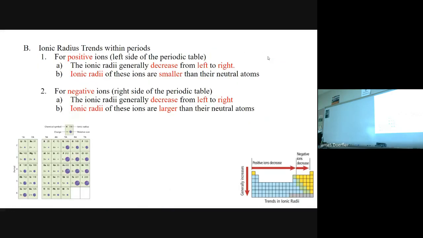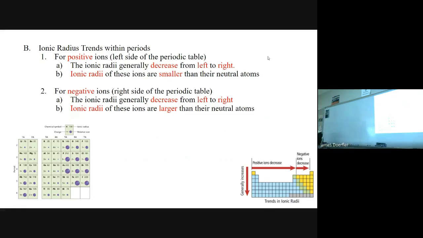So let's talk about trends both horizontally and vertically when it comes to ionic radius. Okay. So for positive ions, which are the left and middle portion of the periodic table, all the way to group 13, the ionic radii are going to generally decrease left to right.